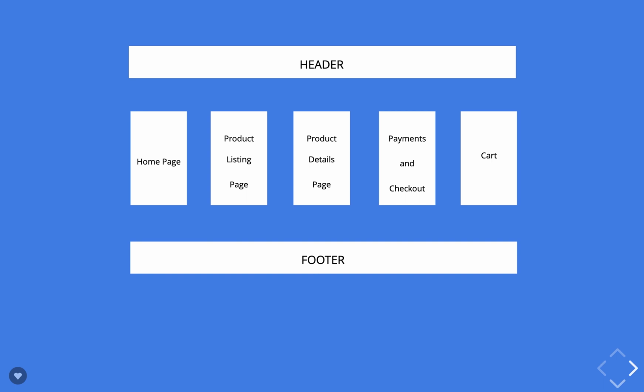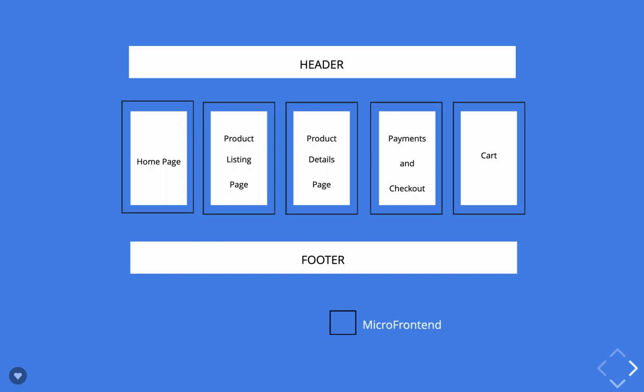Let's have a look in a more realistic world. So let's consider this an e-commerce website. It has a header, footer, and a few pages like home page, listing page, details page, payments, cart, etc. In a monolithic app, all these would be in a single code base. But with microfrontends, you can make each page a separate microfrontend, independent of each other, and each team responsible for a microfrontend can move with their own velocity.